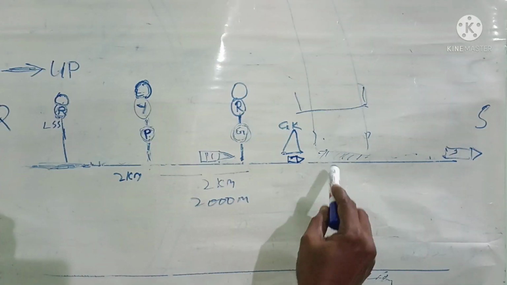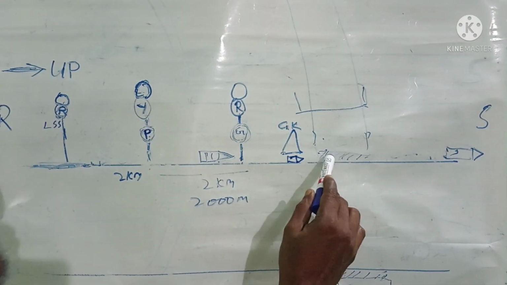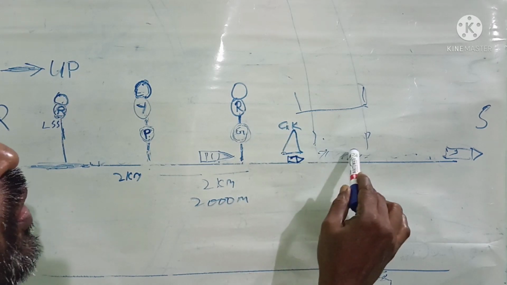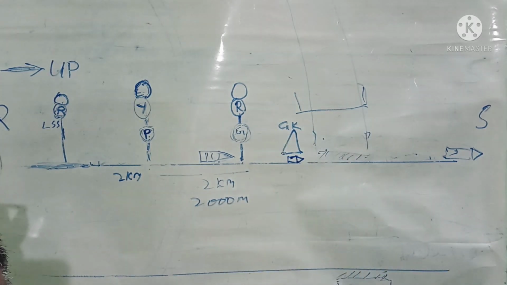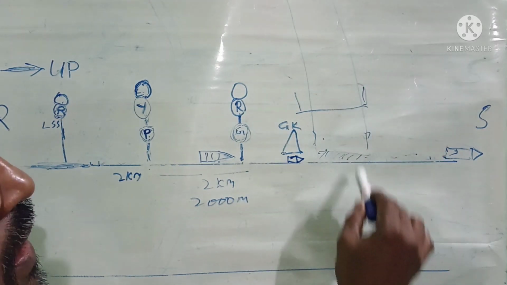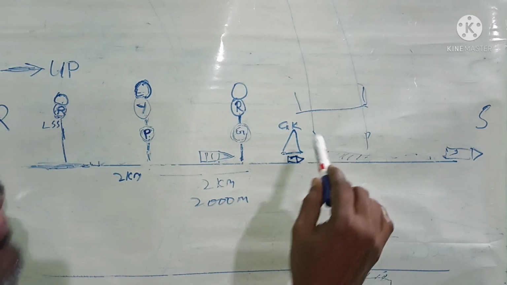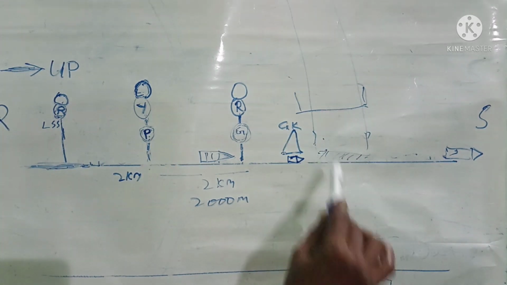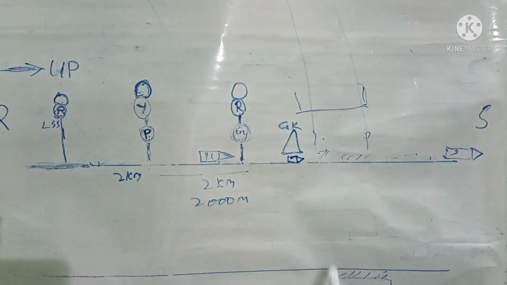Yes. Now let us see how the GK deals with the trains when he is unable to bring down the boom itself. Suppose the boom is stuck in the raised condition and is not coming down, then what has he to do? In this case, first he has to stop the traffic. He must use the chain available at the spot to put it across the road to stop the road traffic.